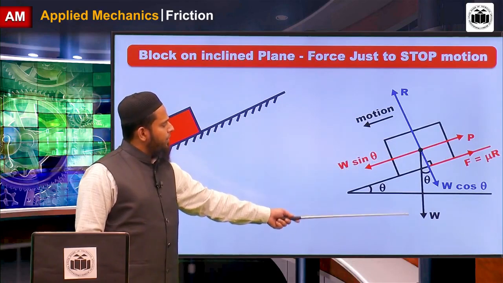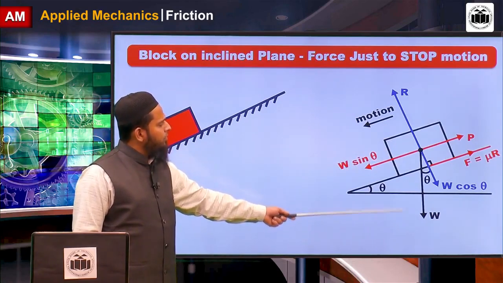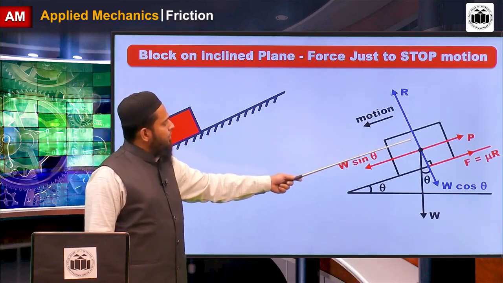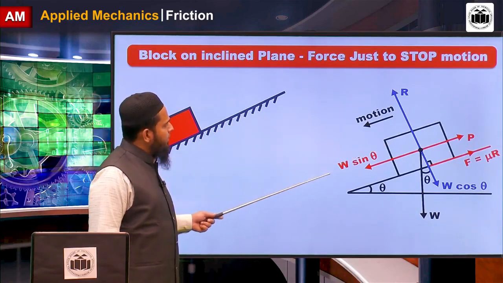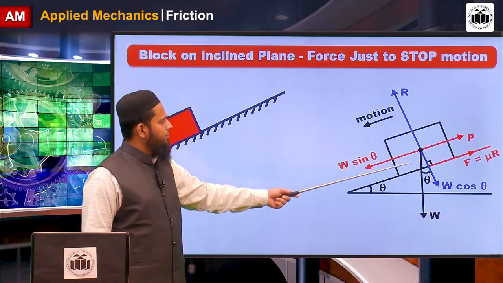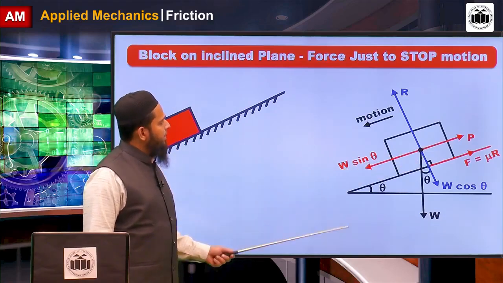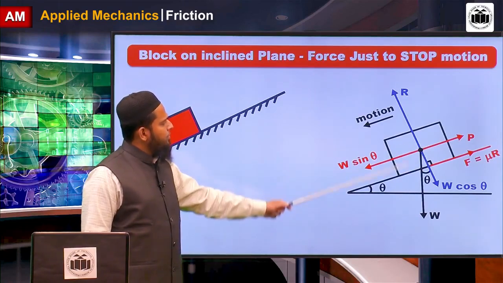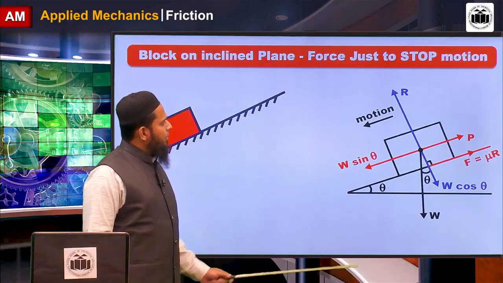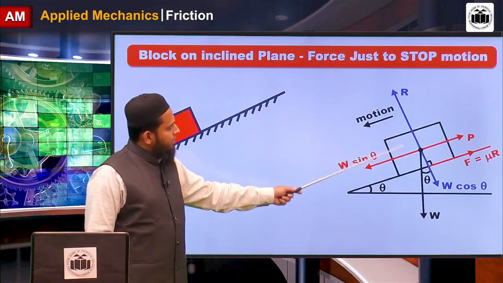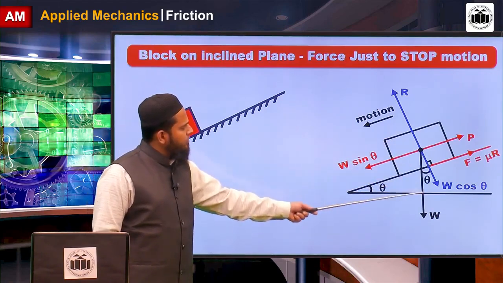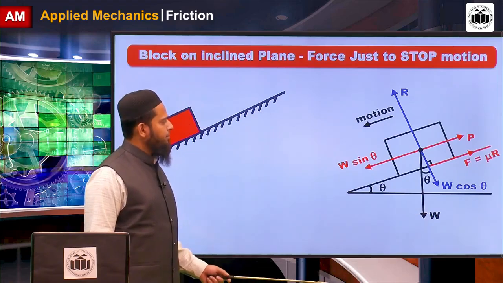The self weight W is acting vertically downward from its CG. When motion is in downward direction, the frictional force is always upward direction. But in this case, W is not along or across the plane. So resolve this. Along the plane, W sin theta, and across the plane, W cos theta.